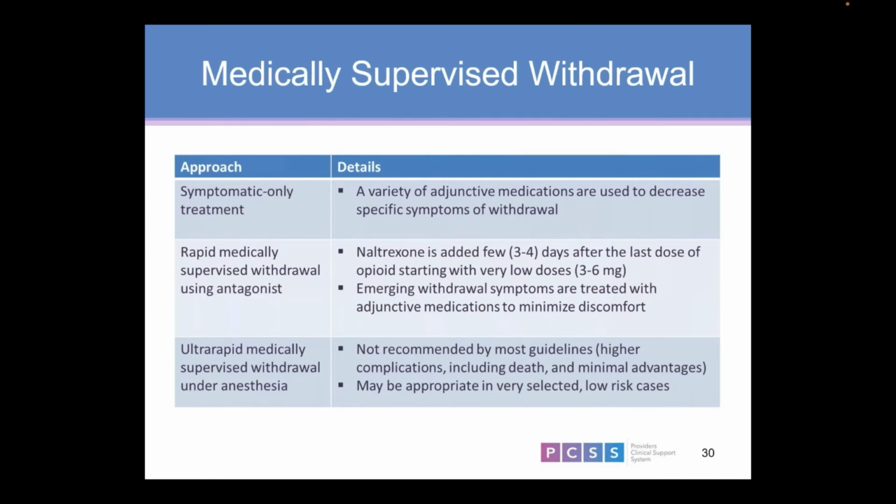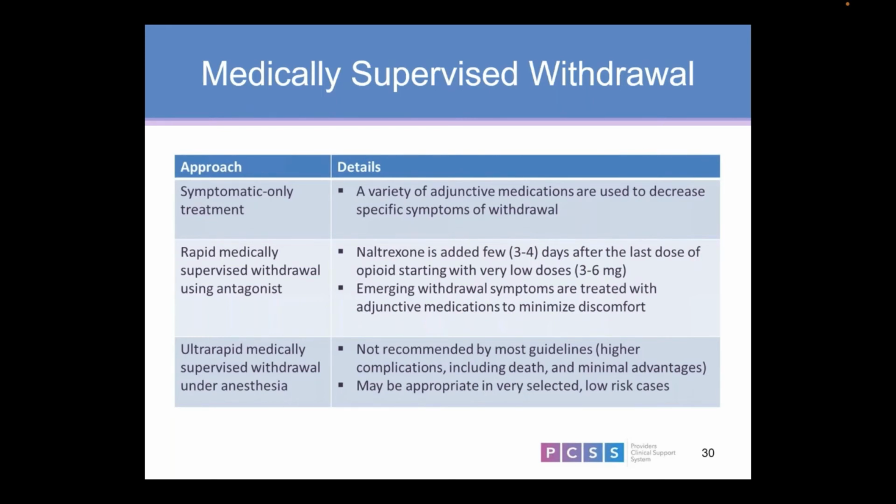So there's a variety of ways in which we would attempt to help patients with this withdrawal. One is symptomatic treatment, and that's really what I'm suggesting, and that is using non-opioid medications. From the day you start this treatment, it starts this 7 to 10 day period prior to giving naltrexone.